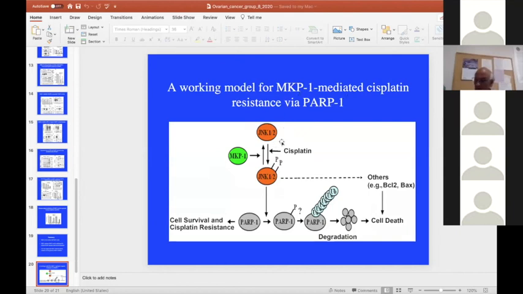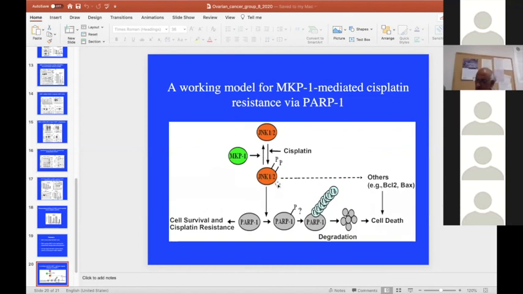So we think when we treat cells with cisplatin, this is not only in ovarian cancer. We believe this can apply to lung cancer and also the cancers which are treated with platinum as first-line chemotherapy. So we think treatment with cisplatin can activate JNK, which can also induce MKP1. So the outcome depends on which is more predominant.